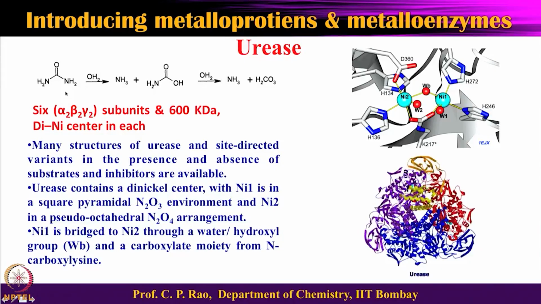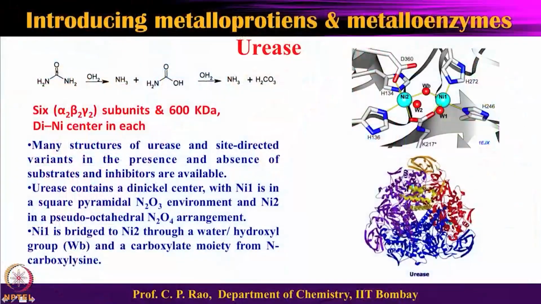That means the enzyme can function from each of its subunits. Now, if one urea enters into one subunit, you will get 2 ammonia, one more urea enters into another subunit, you will get 2 more ammonias, like that. So, 6 subunits can consume 6 urea molecules and produce 12 ammonia molecules. Each of these has a dinuclear center. Now, this whole protein is shown over here, as you can see from the colors.